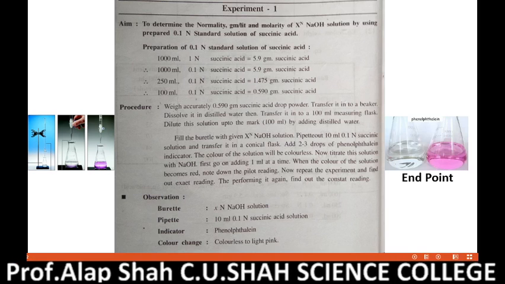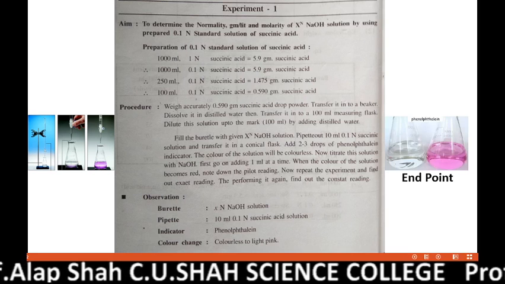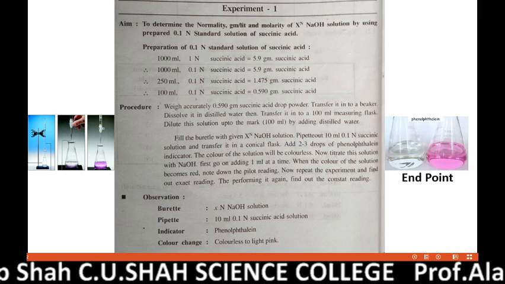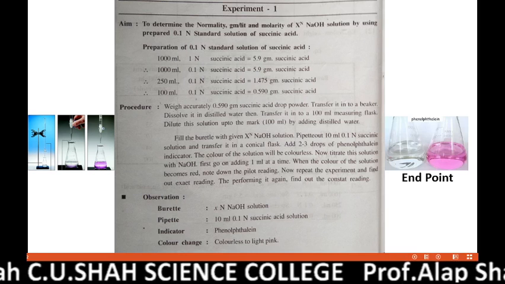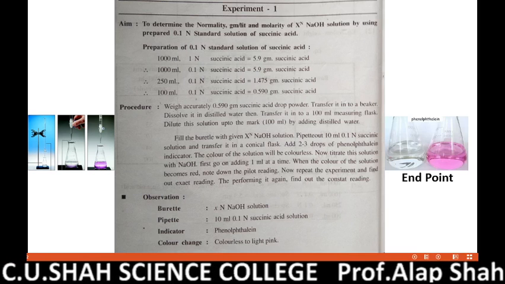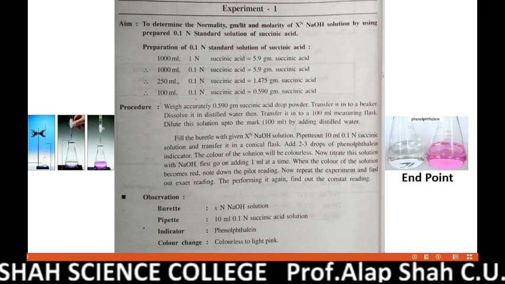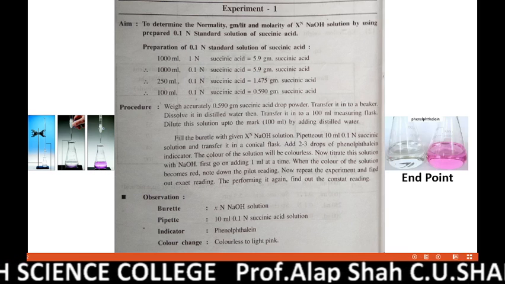How to weigh the substance on an analytical balance or digital scale, we have already discussed in part 1. So accordingly, weigh the 0.590 gram succinic acid, dissolve it in distilled water in a beaker, transfer the content into the measuring flask and fill the flask up to the mark so that you can prepare that solution.